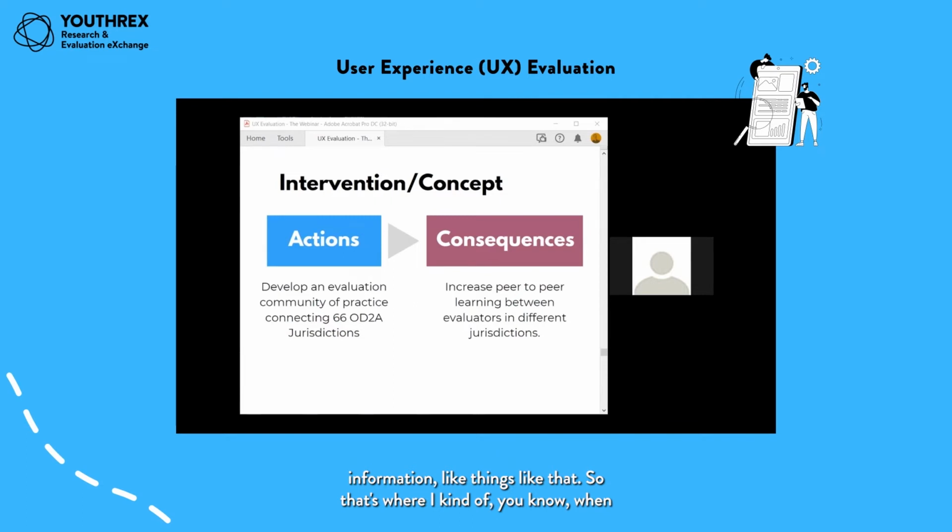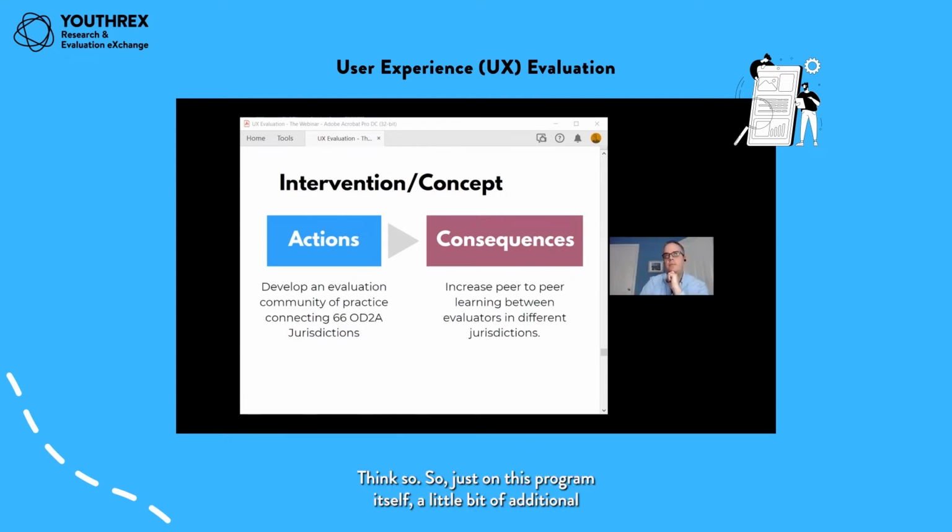So when I'm looking at your program design model, I don't see a differentiation between the intervention itself, the program itself, and specific objectives related to its process or implementation and the outcomes.